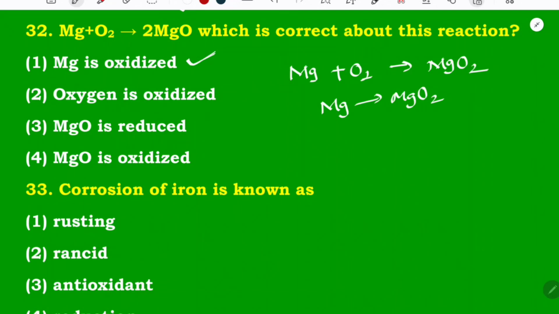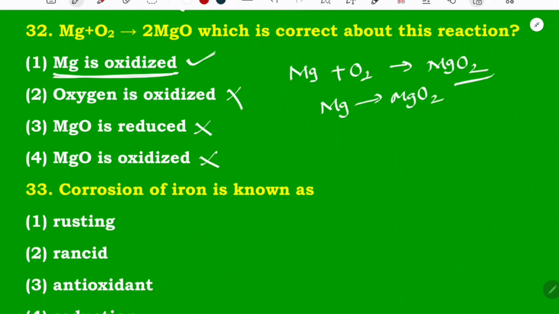Absolutely correct: magnesium is oxidized to form magnesium oxide. Oxygen is oxidized, wrong. MgO is reduced, wrong. MgO is oxidized, wrong. The correct answer is magnesium is oxidized.